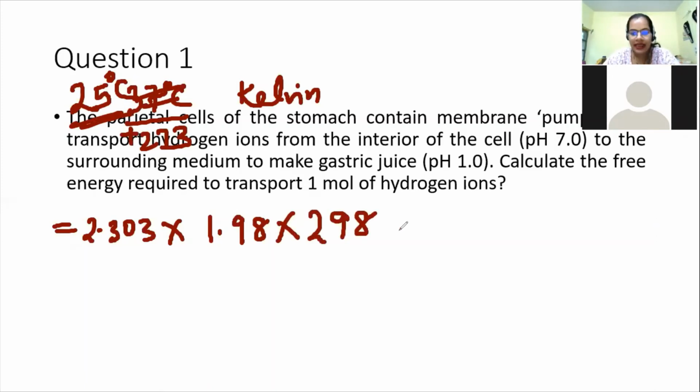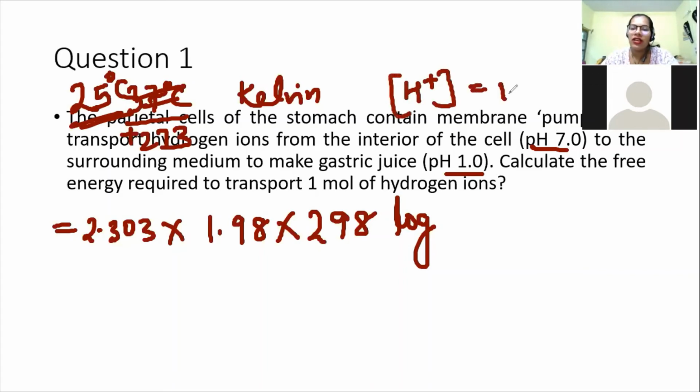Then we have the log of 7 and 1, which is what I have just converted. pH 1 means what is the H plus concentration? 10 raised to minus 1. Now if the pH is 7, it means it is 10 raised to minus 7.